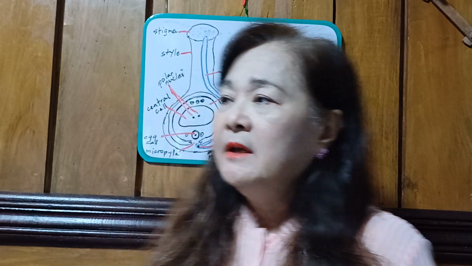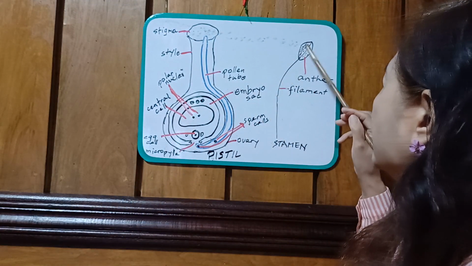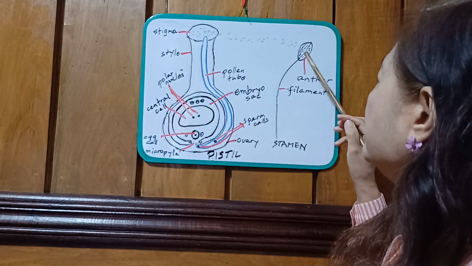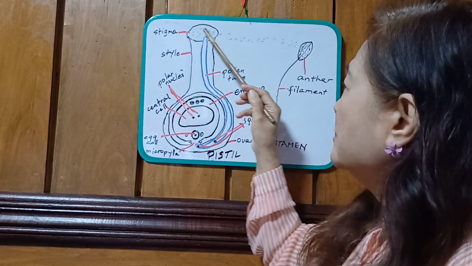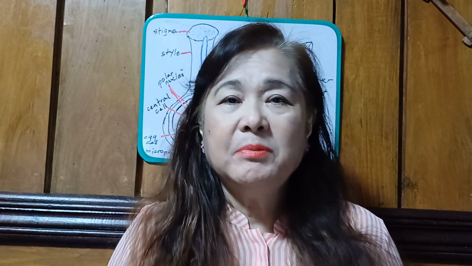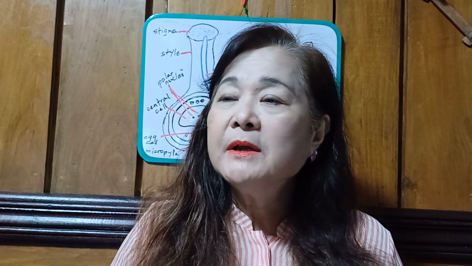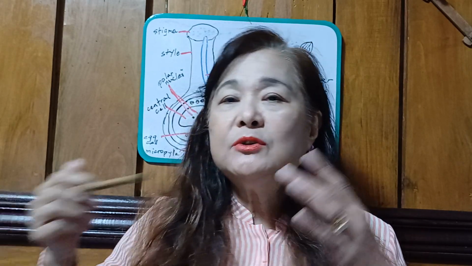It could also be that pollen grains are transferred from the anther of one flower to the stigma of another flower, but of the same plant still. So it could be from one flower to the same flower, or from one flower to another flower of the same plant.